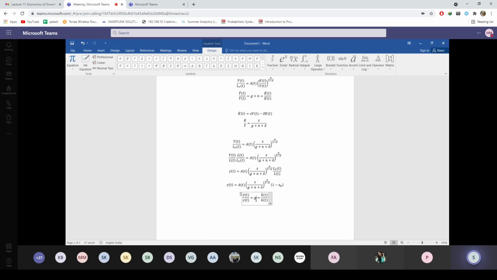The Solow growth model is an exogenous growth model because the rate of growth of technology is completely exogenously given. Now we are going to an endogenous growth model where I am determining G endogenously from the model. And that is what we are going to do.